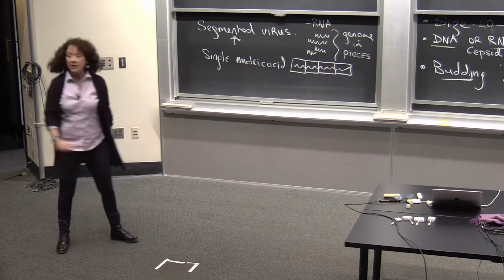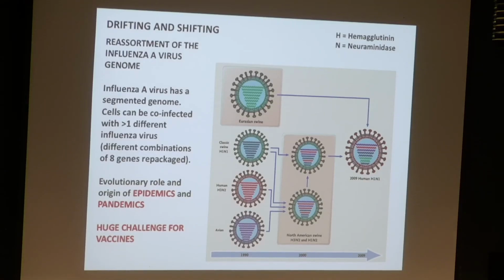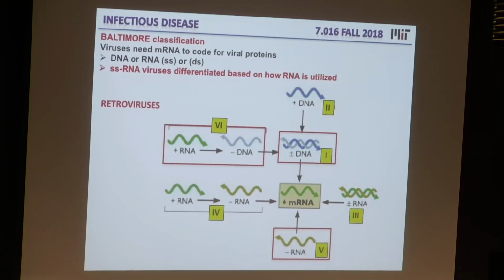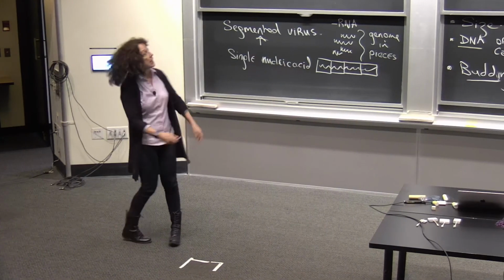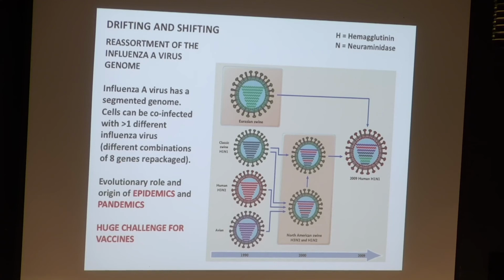So viruses don't just drift in their genomic sequence, they can have dramatic shifts in their sequences that occur through combinations of viruses that have infected different animals. So some of the common strains, when we talk about certain strains that have been very, very troublesome to humans, may result from such a combination. So this would be the Eurasian pig flu, the classic pig flu, the human flu, the bird flu.